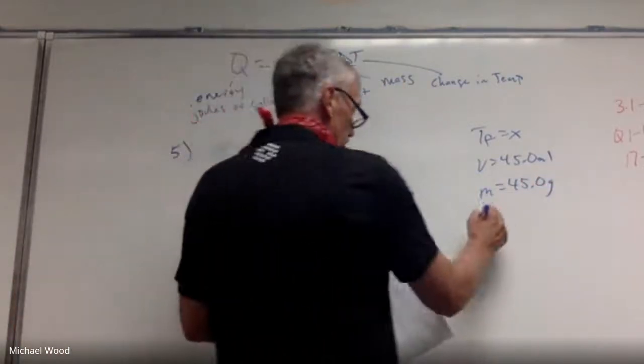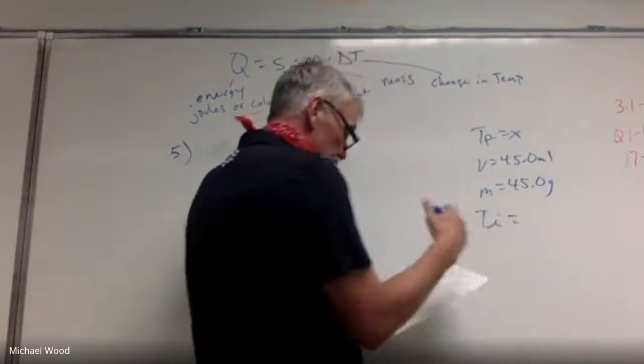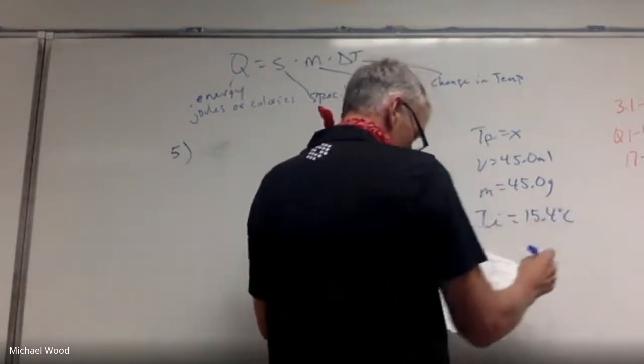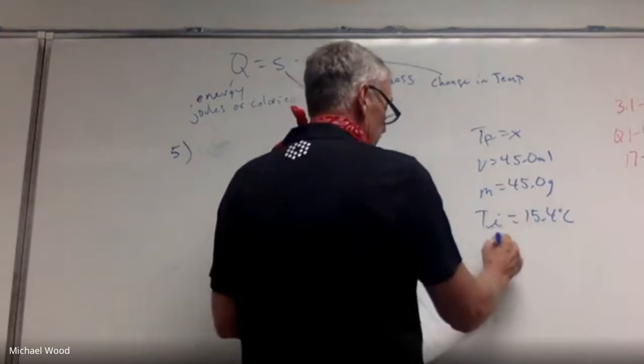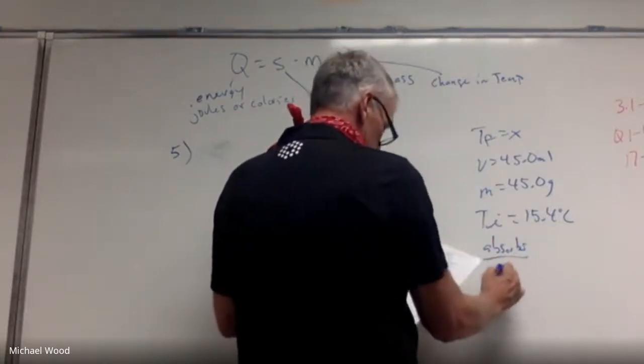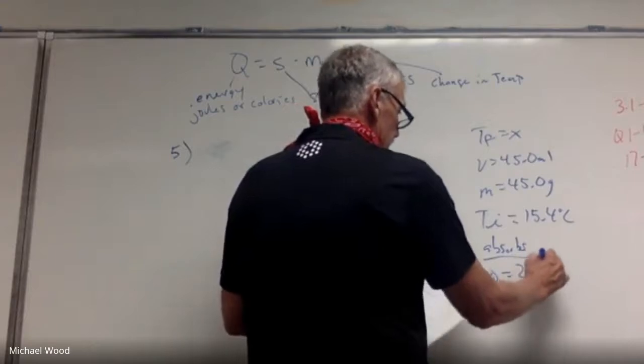The temperature initial is 15.4. And it absorbs, and that's a key word, and I'll explain why. It absorbs, and then they give us Q, 2.50 times 10 squared.